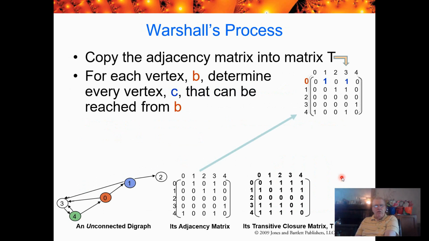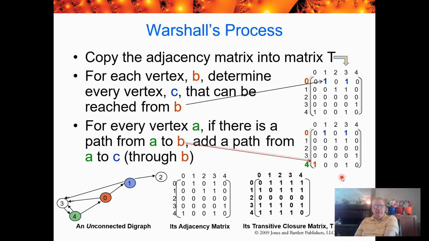So we're not going to go through in detail the Warshall's algorithm, but there is code in a minute. So for each vertex B, that's the red one, determine every vertex C that can be reached from B. And then for every vertex A, if there's a path from A to B, add a path from A to C through B.